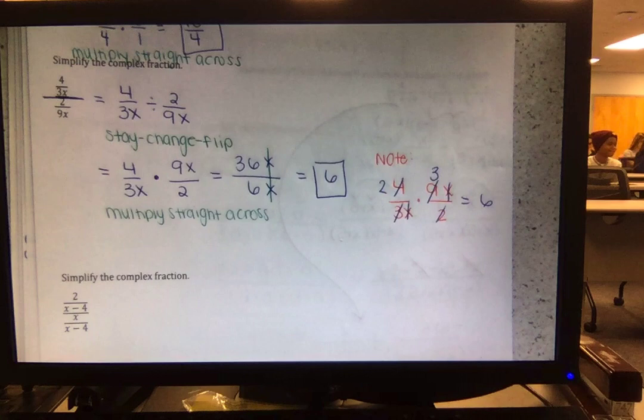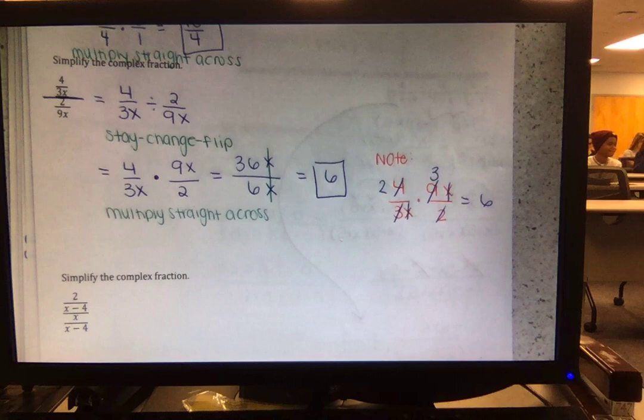LCD, good. So I have to get a least common denominator. So if I have x, and this would be written as 1 over 1, what should be my LCD? Just looking at this side. Just x, yep. The second fraction already has the denominator of x, so it's good to go.